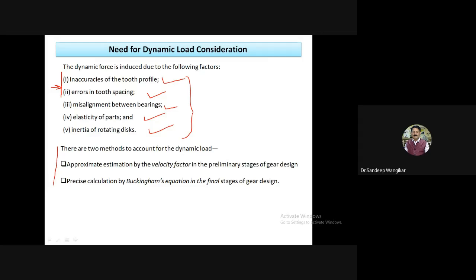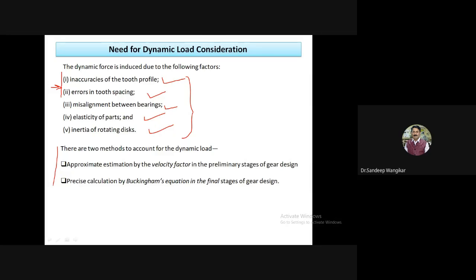Now, let us see how to calculate the dynamic load. So there are two methods. First method is approximate estimation by velocity factor in the preliminary stages of gear design. And second method is precise calculation by Buckingham's equation or Scott's equation in the final stages of gear design.